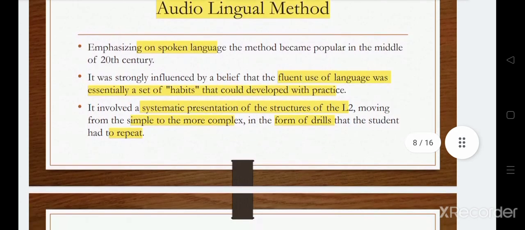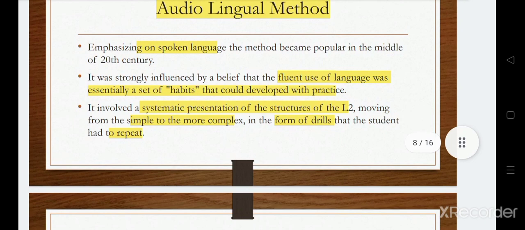Yes, it is true that language cannot be acquired or learned without practice. If we practice it, then obviously our skills polish in that particular language. It involves a systematic presentation of the structures of L2, the second language, moving from simple to more complex in the form of drills.